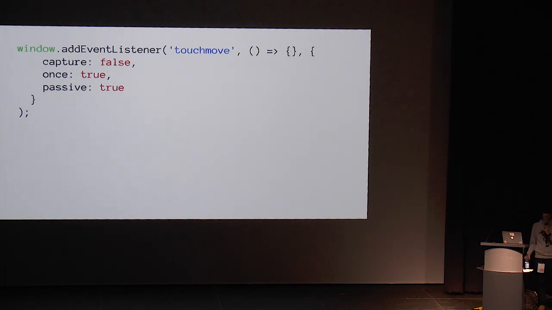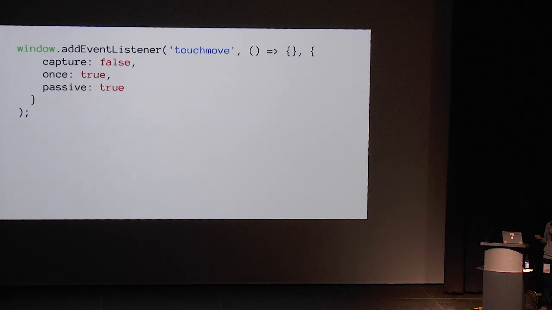And with passive, if you pass passive true, then you are promising the browser that you will never ever call preventDefault in your event handler, and that allows the browser to just paint a scroll. You still can call preventDefault, but it won't do anything because you promised that you won't.